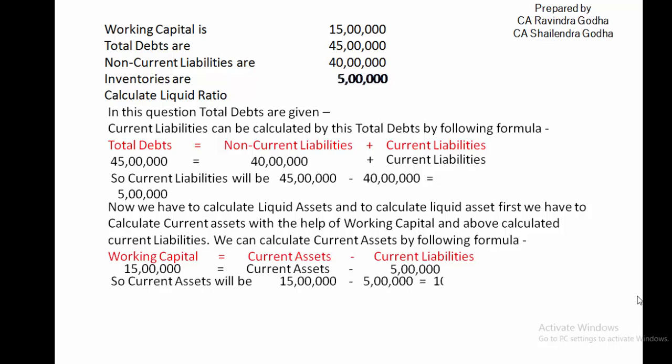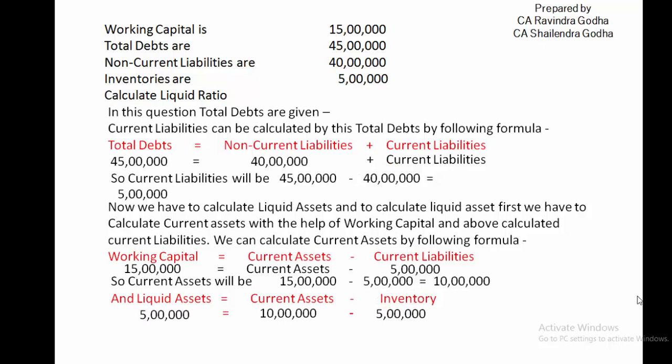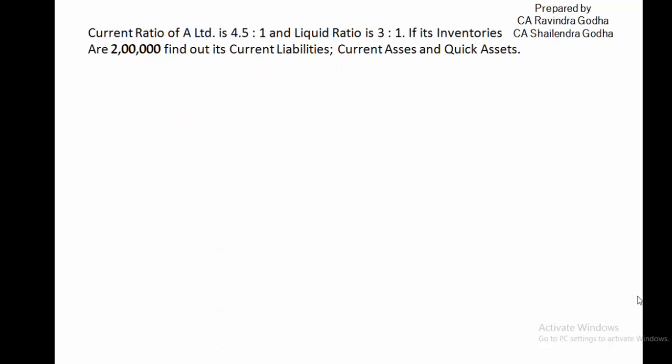So current assets will be 15 lakh plus 5 lakh, which is 20 lakhs. Liquid assets equal current assets minus inventories. Current assets minus inventory given in the question, 5 lakh, gives liquid assets. And the liquid ratio is liquid assets divided by current liabilities, that is 5 lakh divided by 5 lakh, which is 1:1. Now move to the next question.